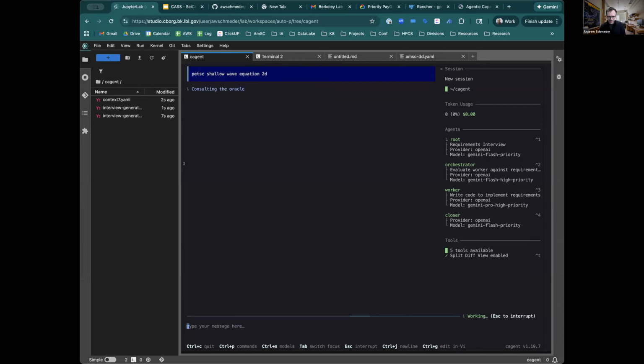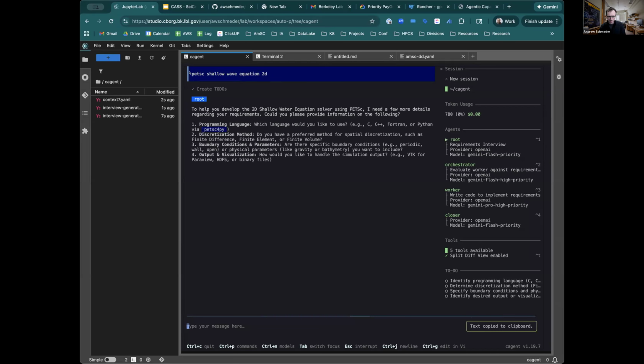So here I'm going to ask it for what I want. I want to make a PETSc simulation, shallow wave equation in 2D. It's going to ask me some questions like which language, different discretization method, boundary conditions, etc. So I'll just give a concise answer to that.